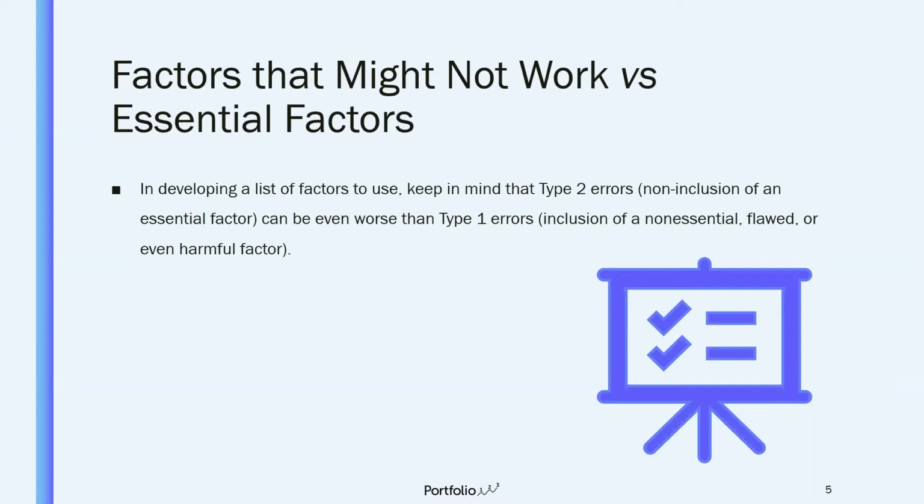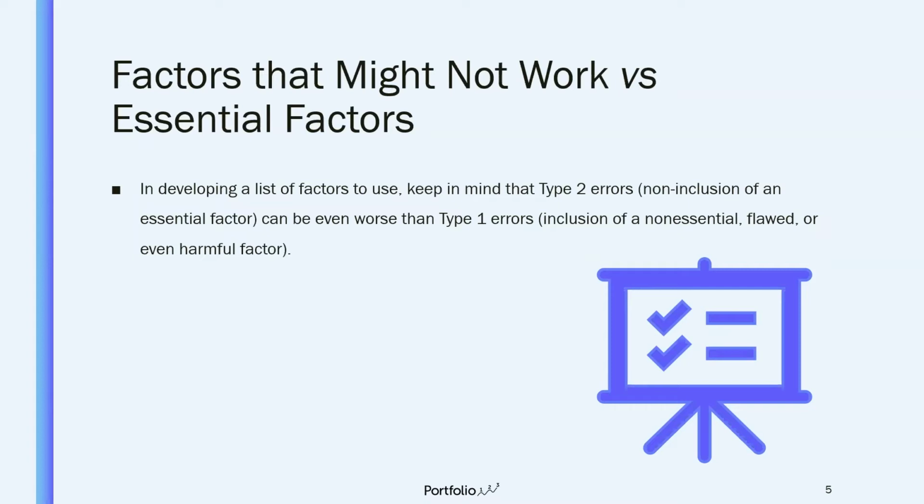When people talk about statistical analysis, they talk about type 1 errors and type 2 errors, and that's kind of forbidding language, but let me just quickly explain. A type 2 error is the non-inclusion of an essential factor. The type 1 error is the inclusion of a flawed or non-essential or harmful factor.